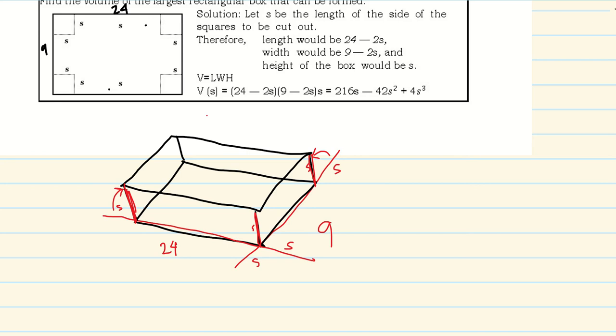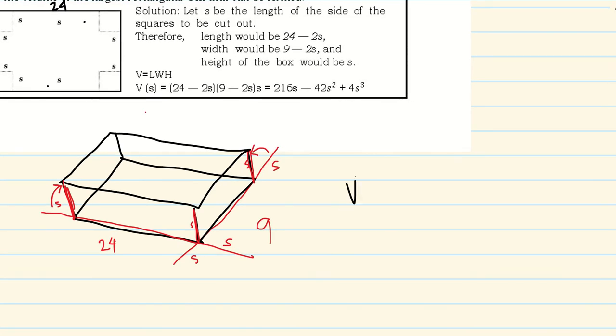In order to have the volume, because we all know volume is length times width times height, our length here is not 24 centimeters, but it is 24 minus, because we have cut the sides. How many sides did we cut? Two. So 24 minus two sides, 2s.